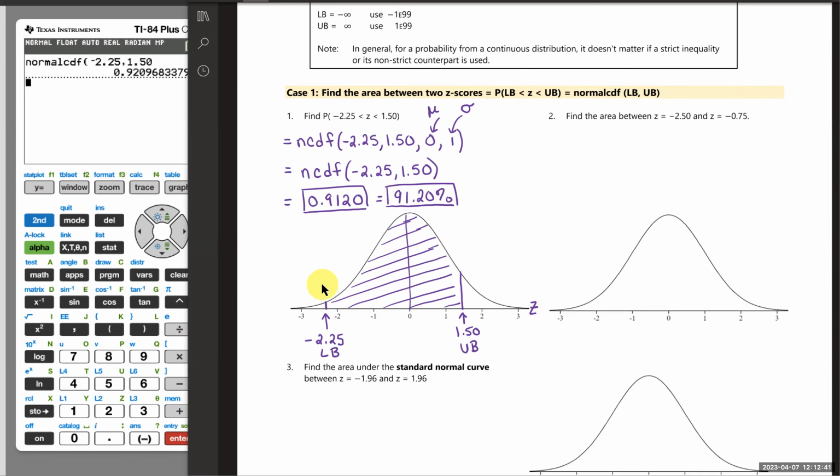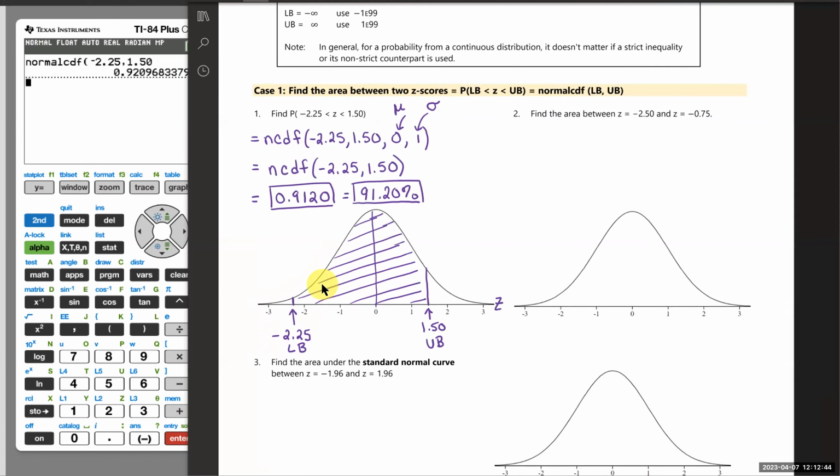All right. So let's try another one. Find the area between z equals negative 2.50 and z equals negative 0.75. It's always good to get a feel for what these graphs look like and where your z-scores are. Negative 2.50 is getting pretty far into that left tail. Negative z-scores, again, are left of center because 0 is in the center as a z-score.